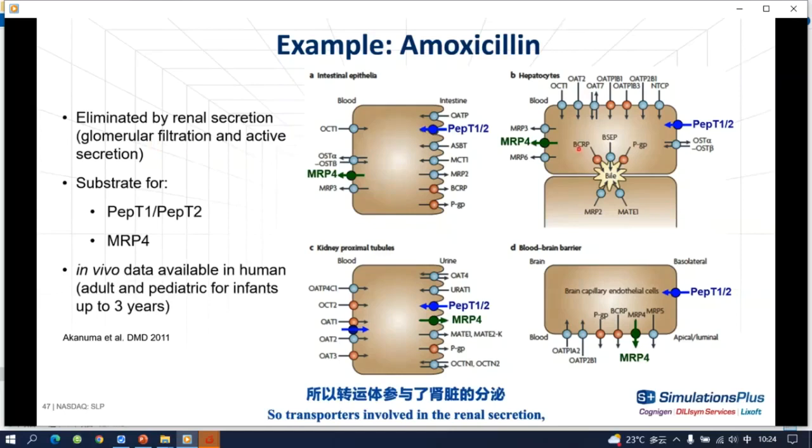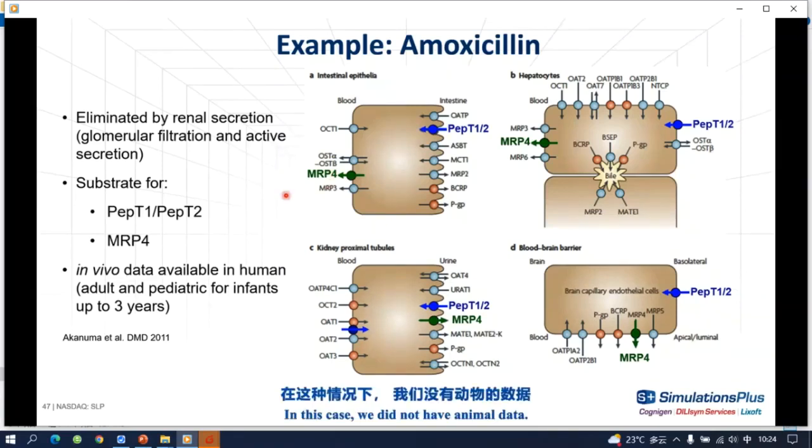So transporters are involved in the renal secretion, uptake into the kidneys and secretion into the urine. But there are also transporters involved in other tissues. For example, oral absorption is also dependent on PepT1 and 2 transporters, and then MRP4 moving into the blood and so on.